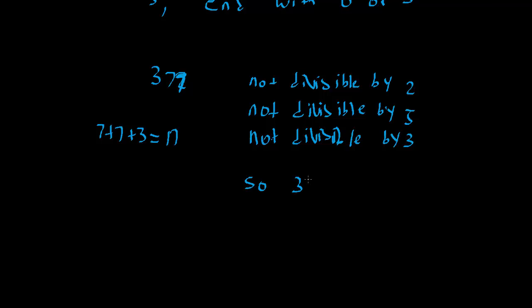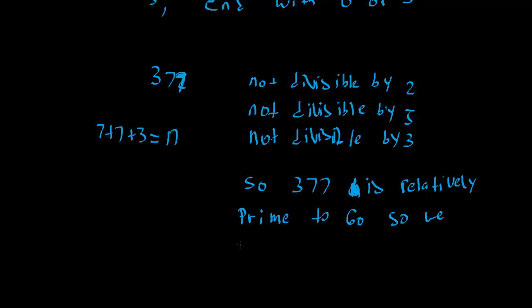So 377 is relatively prime to 60. So we can't reduce. Now you're not going to have to write that. I'm just writing this. Meaning it's in simplest form already.